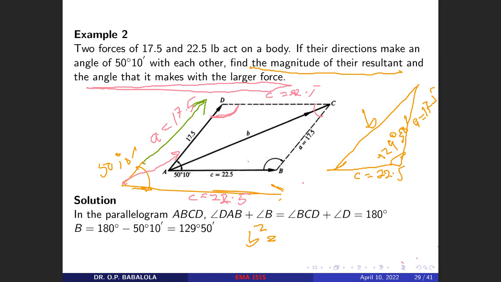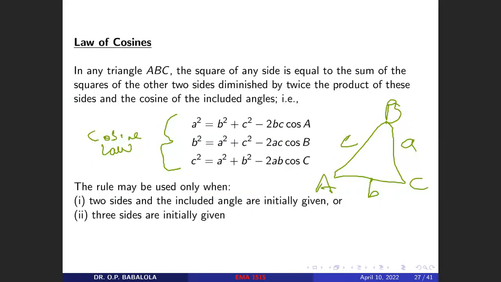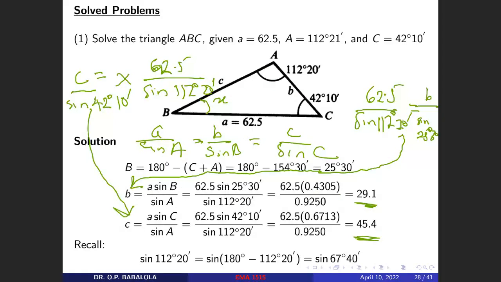cosine rule: B squared equals A squared plus C squared minus 2AC cos B, or cos theta.